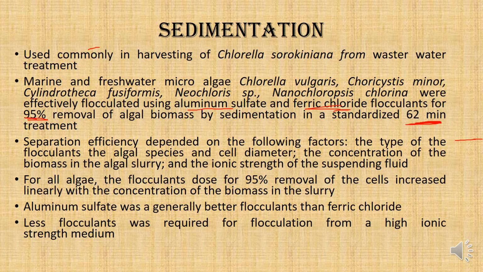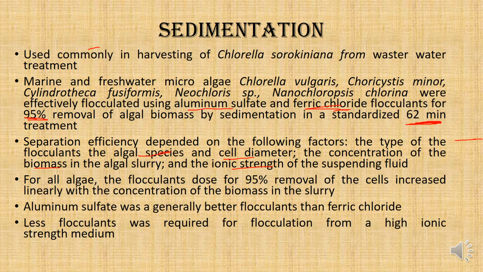The efficiency of any flocculation depends not only upon the type of flocculant we are using, but also the species of algae, that is the size of the algae, and the concentration of the algal slurry, and also the ionic strength of the suspended fluid.